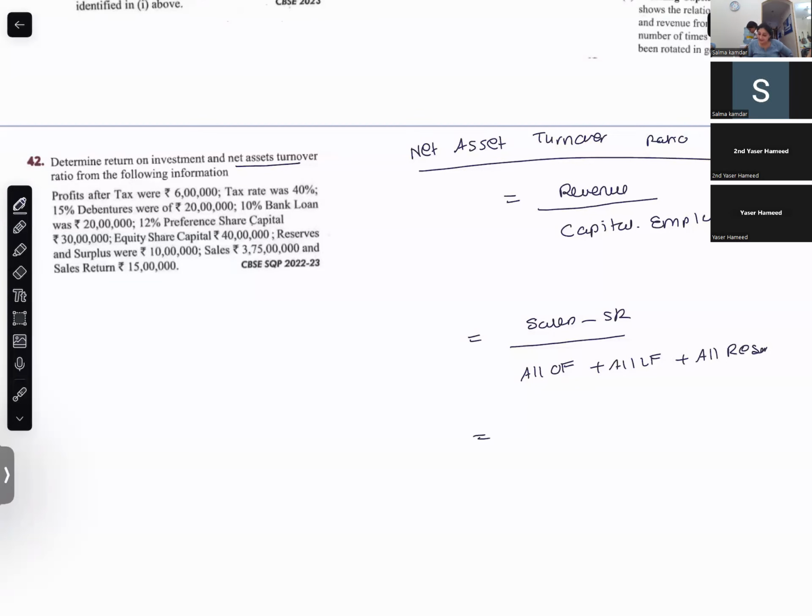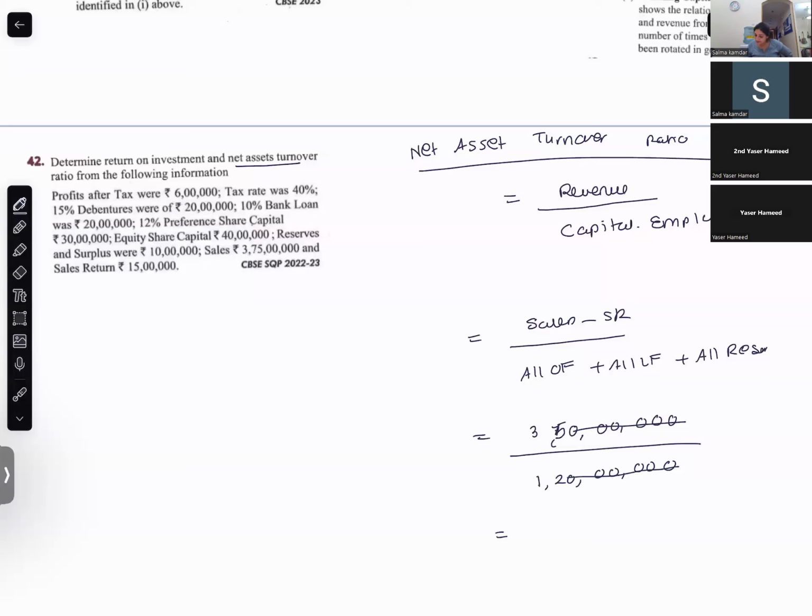Sales minus sales return is 3 crore 75 lakh minus 15 lakh. So this becomes 3 crore 50 lakh. And the capital employed is 1 crore 20 lakh. Are you with me? Yes. So we cancel all the zeros.